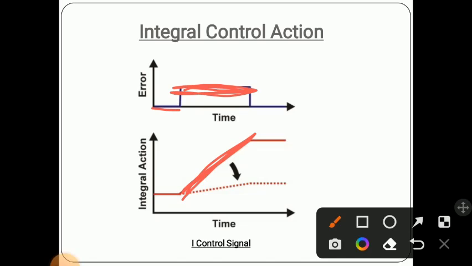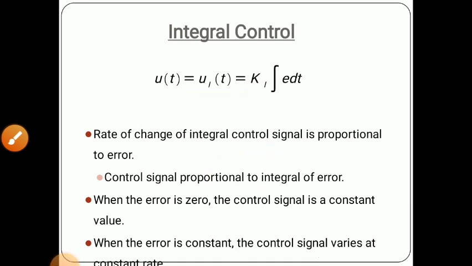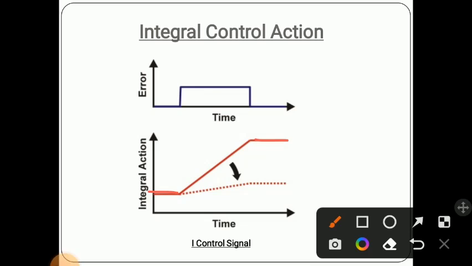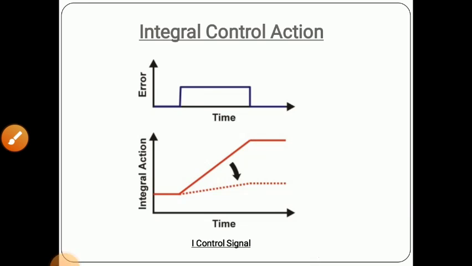And when the error is 0, at that time it is constant. Like this you remember, when error is 0, we get some constant value like this. So like this the integral control action works.